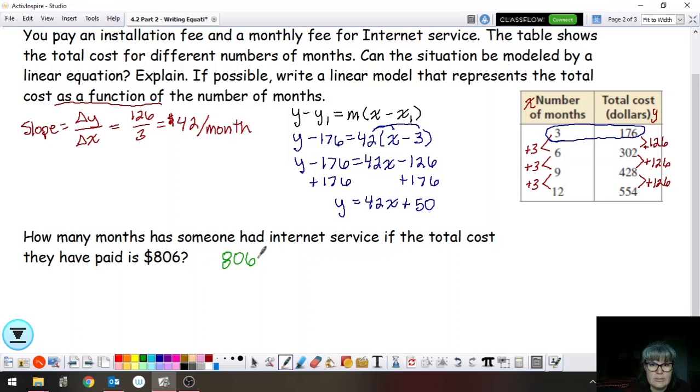So we have 806 equals 42x plus 50, subtract the 50, and we have 756 equals 42x. Divide both sides by 42. And x equals 18 months.